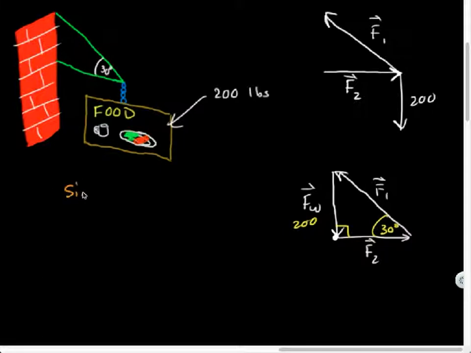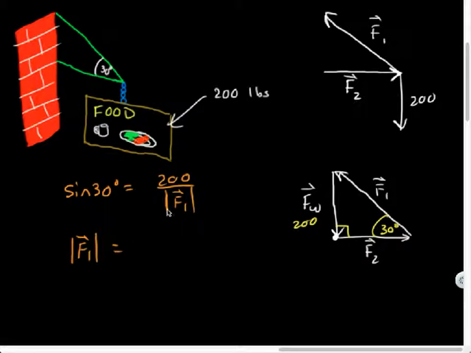So let's see. Sine of 30 degrees is equal to 200, the opposite, divided by the hypotenuse, so over the magnitude of force 1. To solve that, you could multiply both sides by force 1 and then divide by sine of 30, and you'd end up getting the magnitude of force 1 is equal to 200 divided by sine of 30.